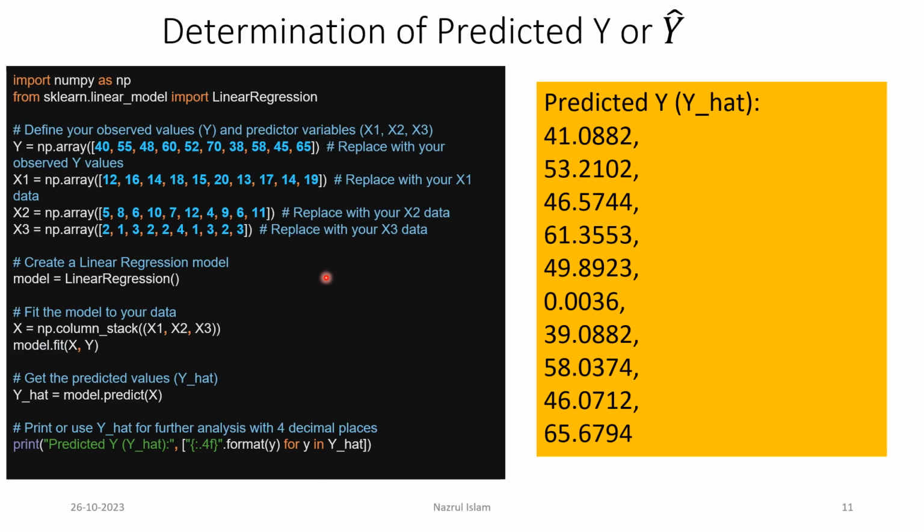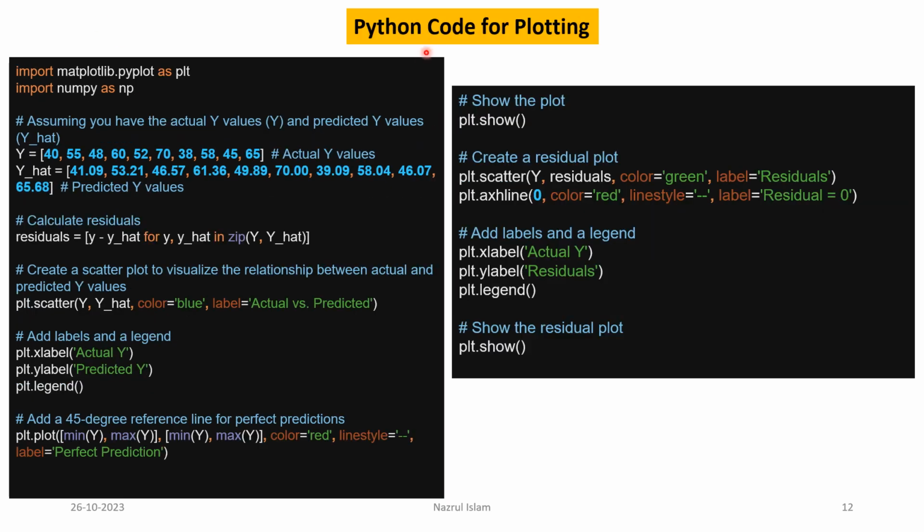This is the Python code for determination of predicted y or y hat, and by using this code you will get the result of predicted y, and this is also similar to the manual calculation. This is the Python code for plotting.